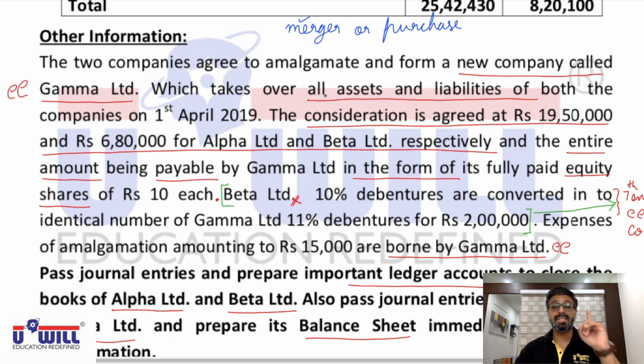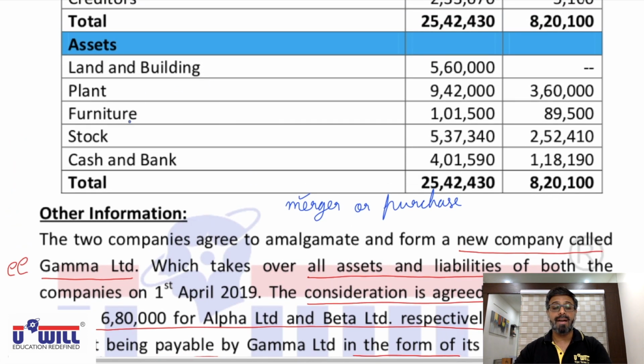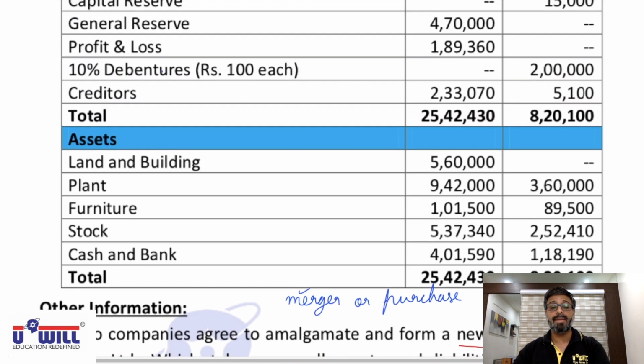First condition, all assets and liabilities should be taken over. You can see in this second sentence I made you underline, which takes over all assets and liabilities of both the companies. So first condition of merger is satisfied. Second condition of merger, at book value. In the entire paragraph, do you find any agreed values of land and building, plant, furniture, stock, cash in bank, debentures?